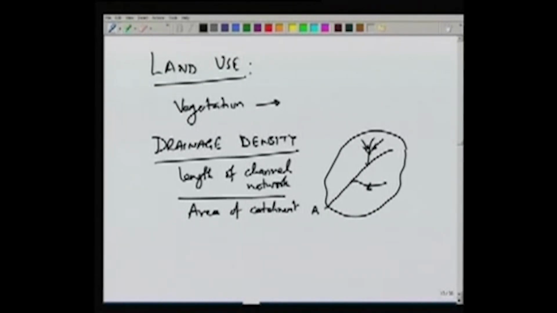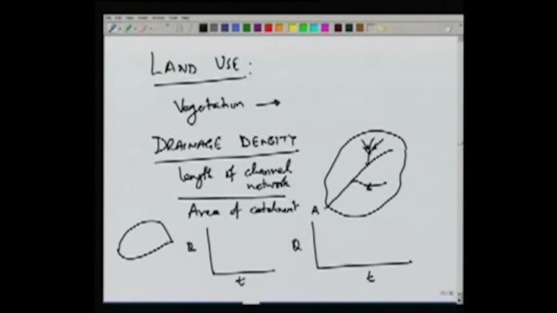So, this should also be straightforward to look at. If we look at two hydrographs with different drainage density, for example, this may correspond to a network which has a smaller drainage density, and this may correspond to a network which has a larger drainage density.